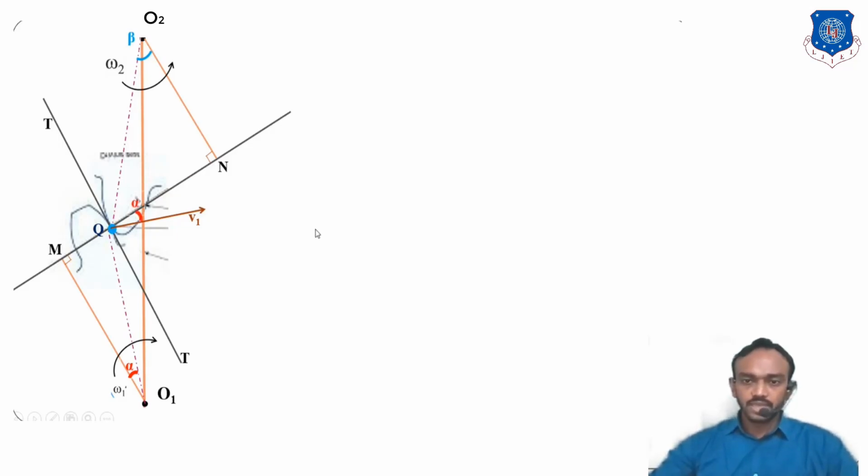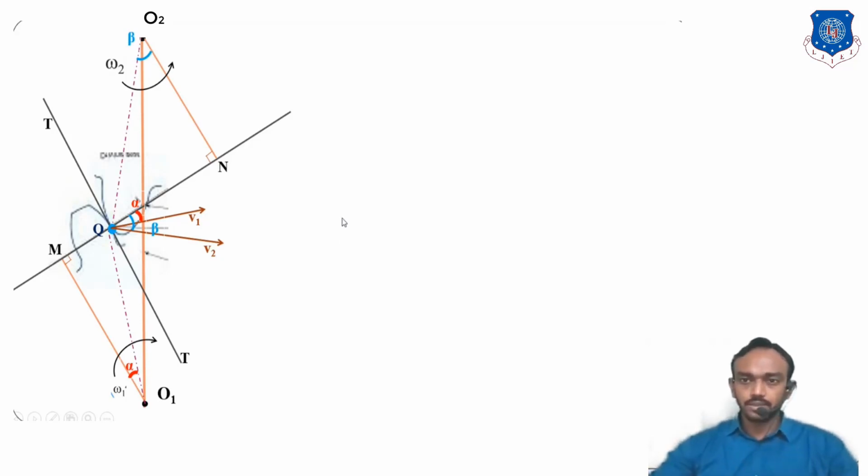The same point Q can be considered on gear 2. The velocity will be V2, perpendicular to O2Q. Velocity is always perpendicular to this, so the same angle becomes beta. So alpha is the angle on gear 1, and beta on gear 2. These are the velocities V1 and V2.